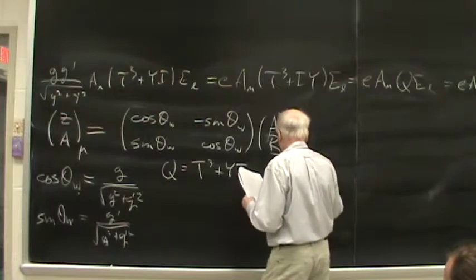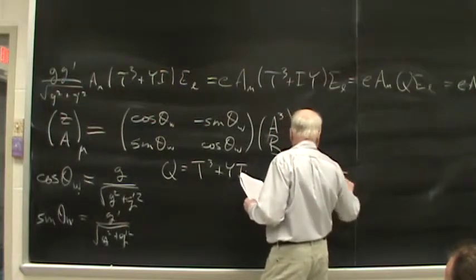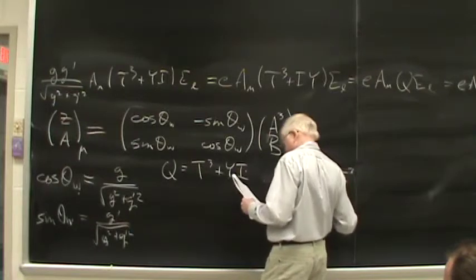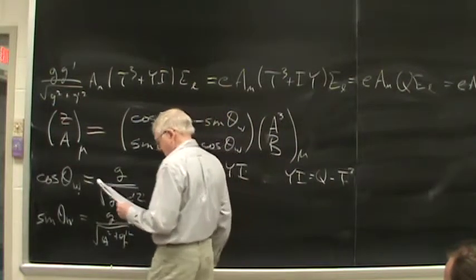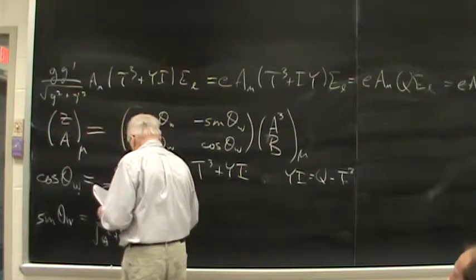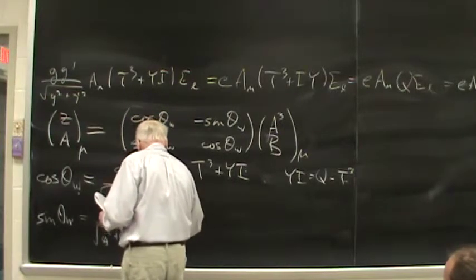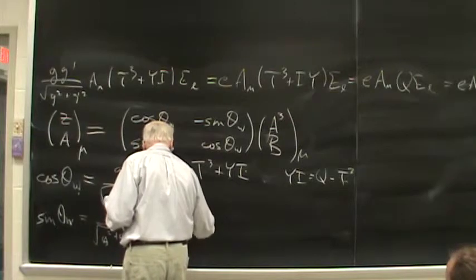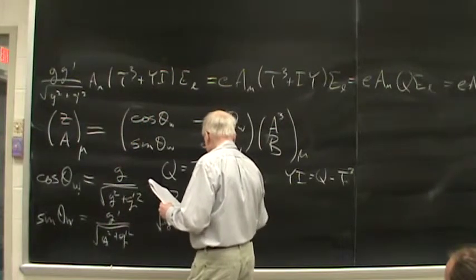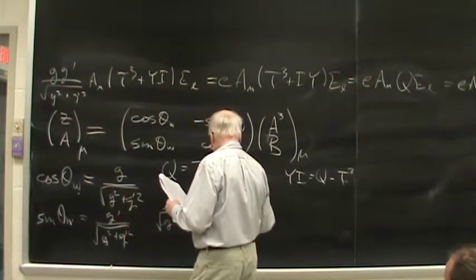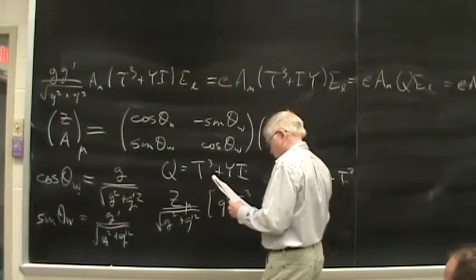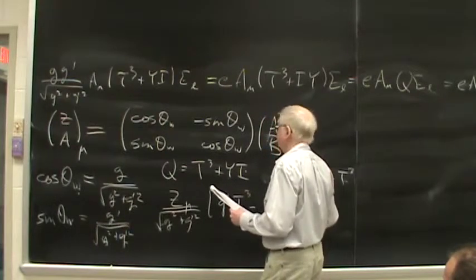In other words, we write Y_i is Q minus T3. And so then we have the Z mu over square root of g squared plus g prime squared times g squared T3 minus g prime squared Y.